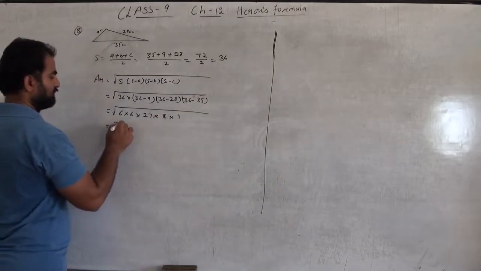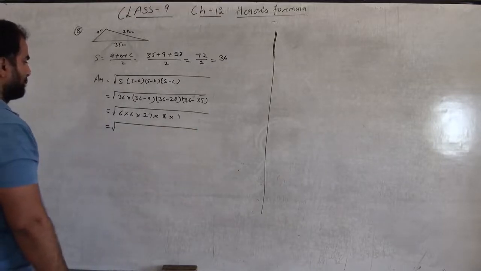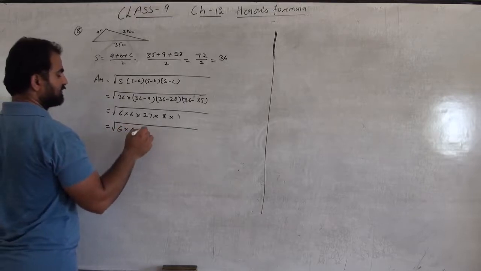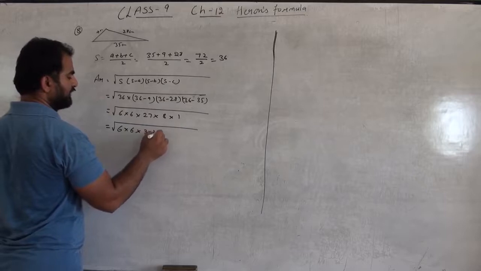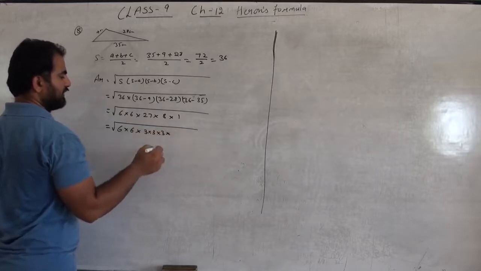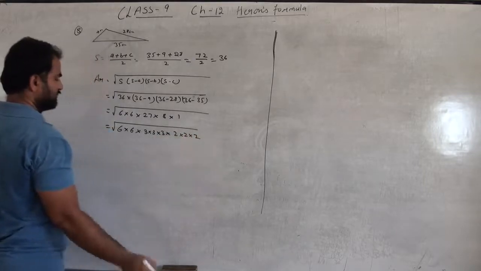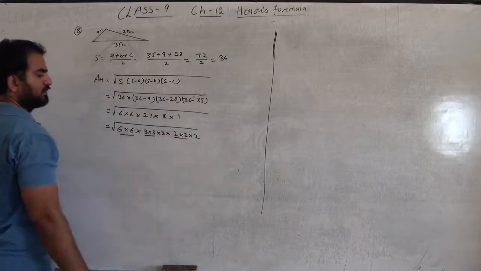Okay, so it will be root 6 into 6 and 27 can be broken into 3 into 3 into 3, and 8 can be broken into 2 into 2 into 2. So we got a pair of 6, a pair of 3 and a pair of 2.